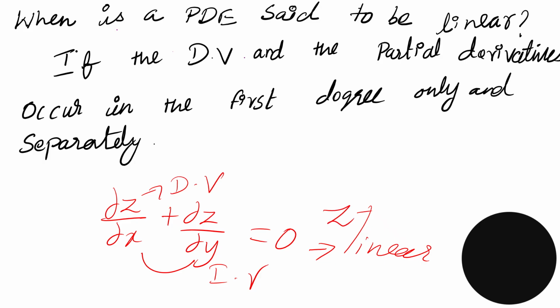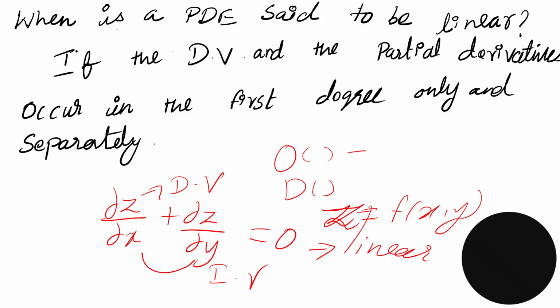So we write z equal to f of x comma y, a function of x comma y. What is the order and degree of the equation? The order of the equation is 1, and the degree is also 1. The dependent variable is z, and the independent variables are x comma y.